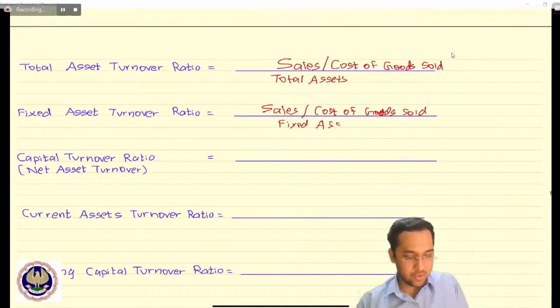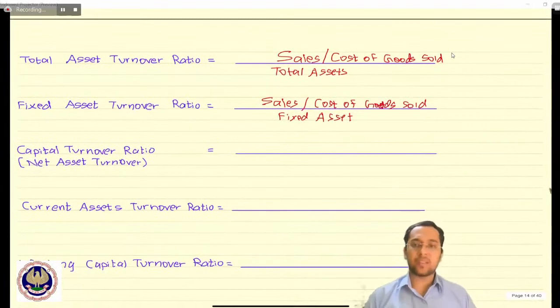This ratio helps us to evaluate which companies are really utilizing their fixed assets in the best possible manner, or which companies are able to attain a higher degree of activity with regard to the fixed assets that they have in their entity.